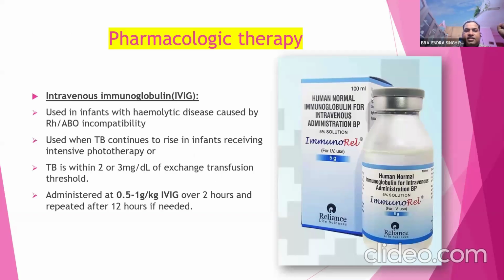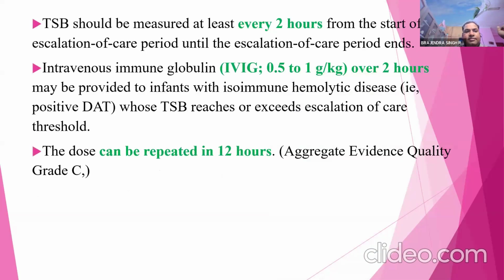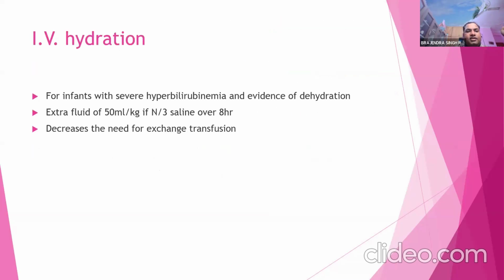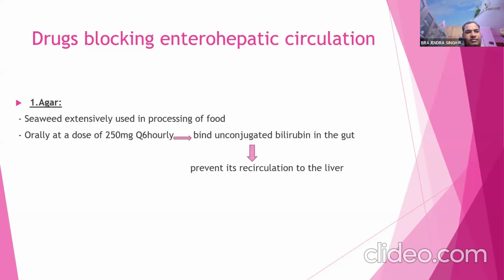Now, these are the pharmacotherapy options, like IVIG, which we can use in hemolytic disease like Rh and ABO incompatibility. These are the different doses and time frame protocols, and we should ensure proper hydration of the baby to decrease the need of exchange transfusion.